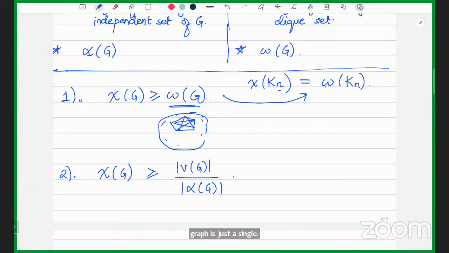Because once I have put one vertex, as soon as another vertex tries to come into the set, it's going to be adjacent to it because it's complete.